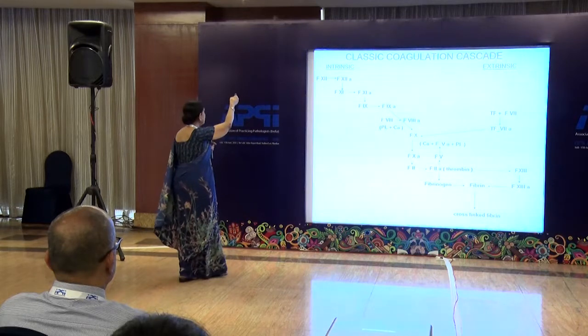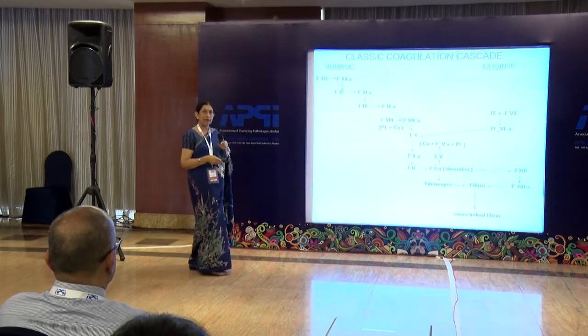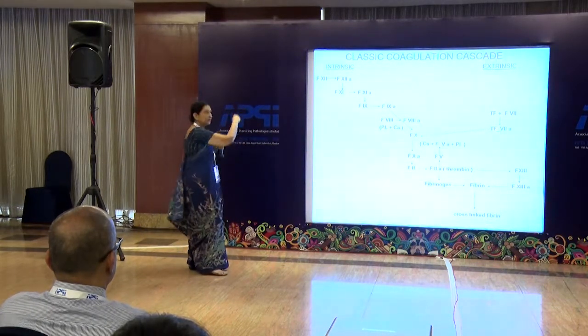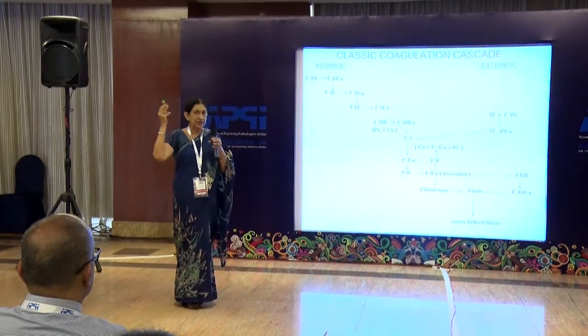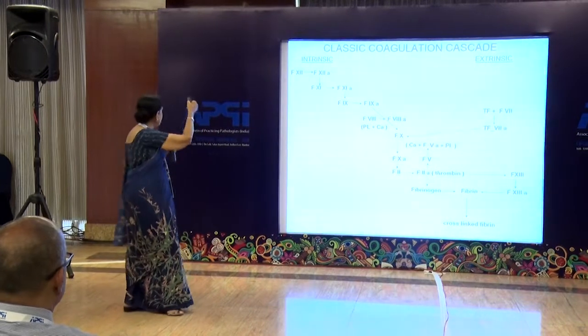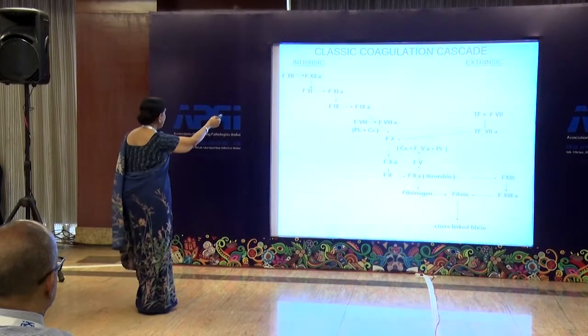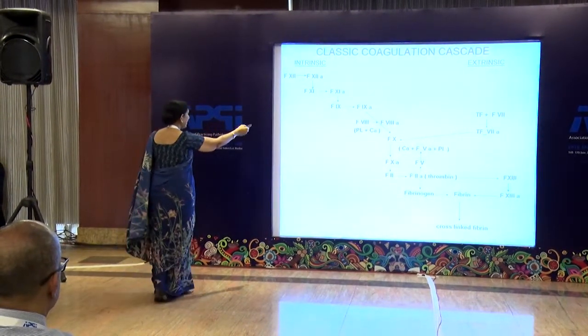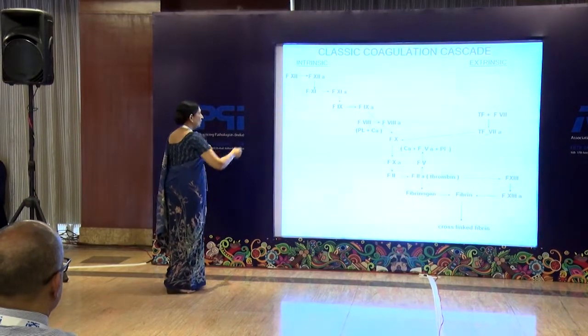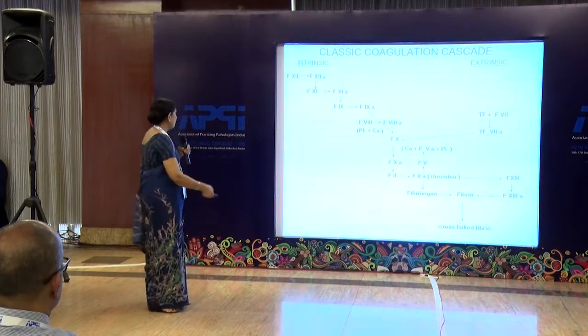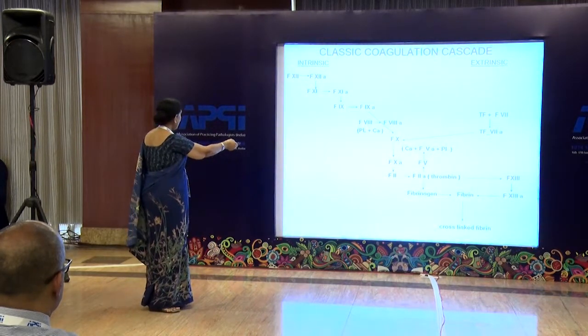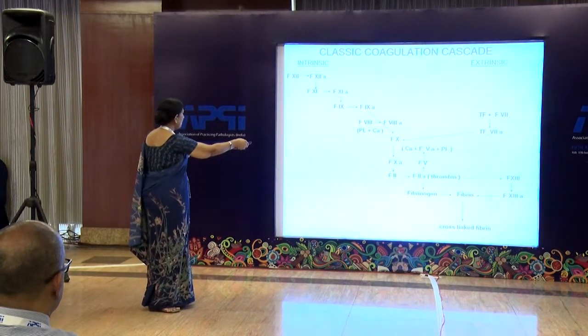On this side, the intrinsic coagulation pathway starts with factor 12, which activates because of the activators. And it comes down to 11, 9, using 8, platelets and calcium, again to the common factor 10, the common pathway, which comes to activated 10, prothrombin to thrombin.